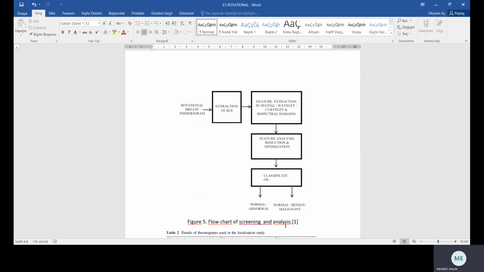The composition of the best chromosome may be examined to identify the optimal features. Support vector machine is trained and tested with a set of feature vectors extracted from normal and abnormal thermograms by the leave-one-out method, first for screening and then for characterizing an abnormality as benign or malignant.